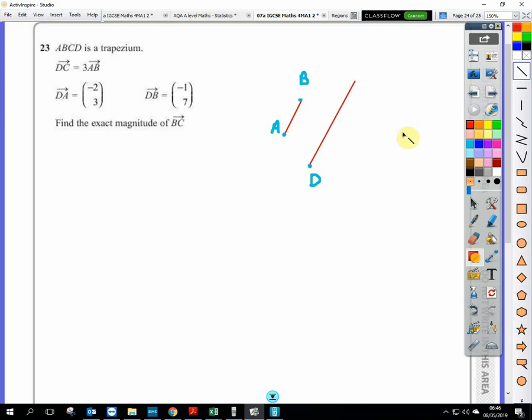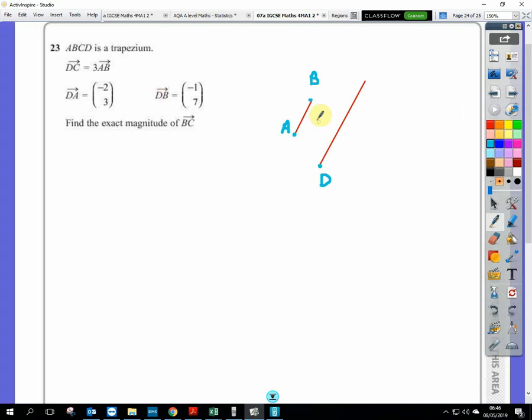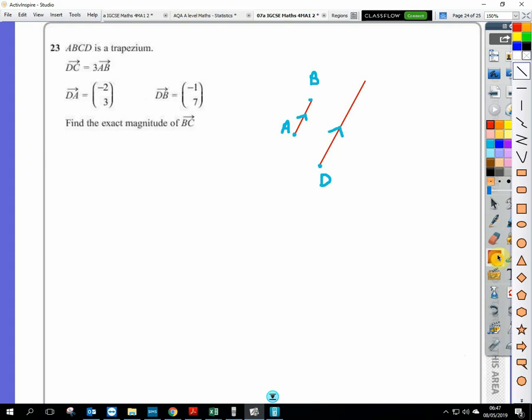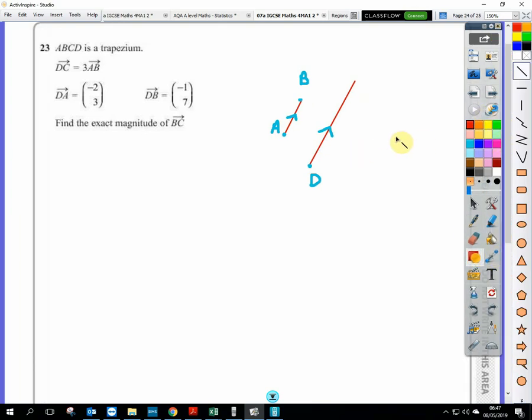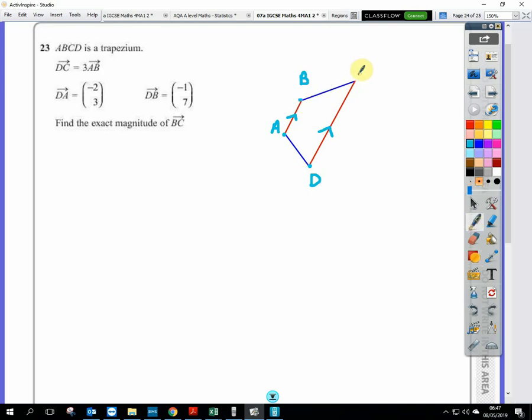And it's got to be in the same direction as well, because they're multiples. DC is a multiple of AB, so it's got to go in the same direction because vectors are parallel. Okay, so we can just fill in the diagram now. And that looks a bit like a trapezium. So this must be C.